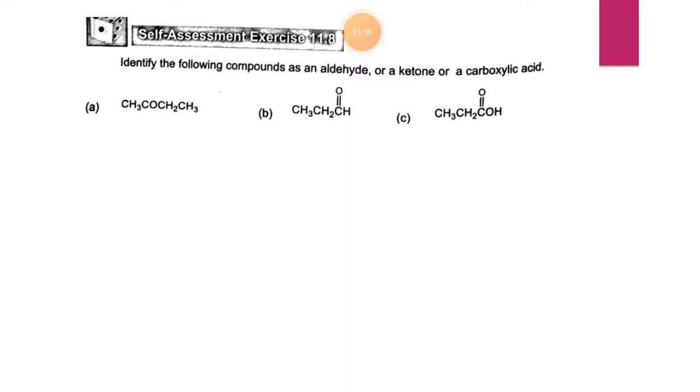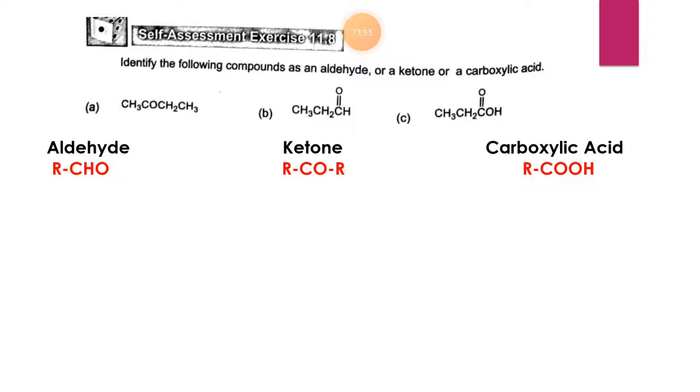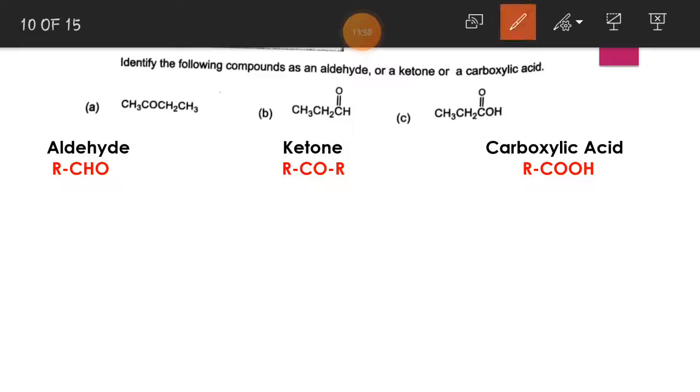Next, we have to identify the following compounds as an aldehyde or a ketone or a carboxylic acid. We have done this self-assessment exercise in our previous lecture as well. Let's quickly revise that. We have three classes of compounds: aldehydes, ketones, carboxylic acids. Generally, they are represented like this. So, if you look at this one, then you may see here that this structure may be simplified as this. CH3 is an R group, CH2CH3 is also an R group.